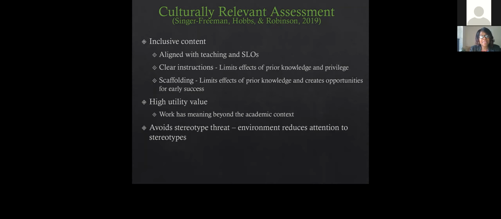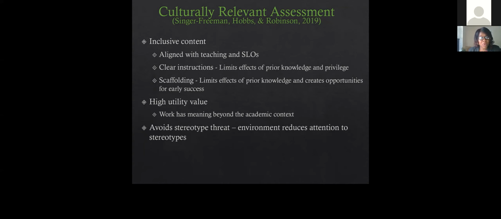So when we ask students to apply or demonstrate learning, we should be using examples that are equally familiar to all students. We must be sure that assignments and teaching are well aligned with the learning outcomes we are trying to achieve in this particular class or assignment. If assessment and teaching are poorly aligned, you will see an increase in equity gaps in terms of student learning.